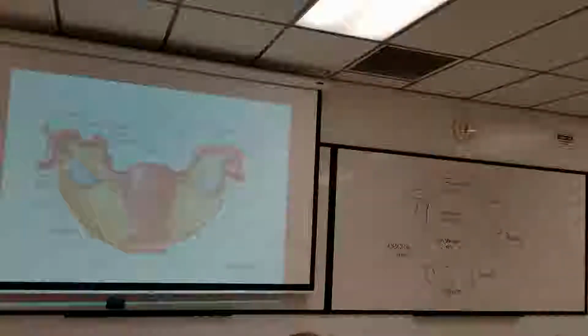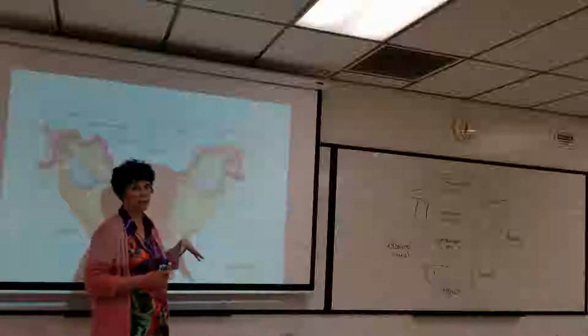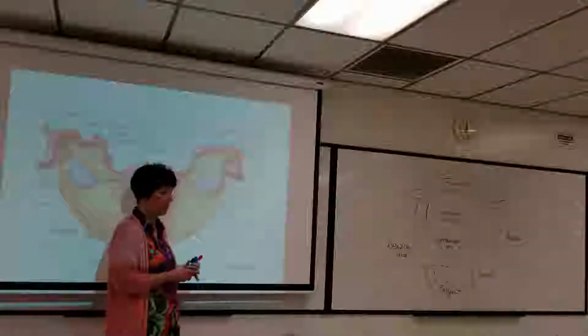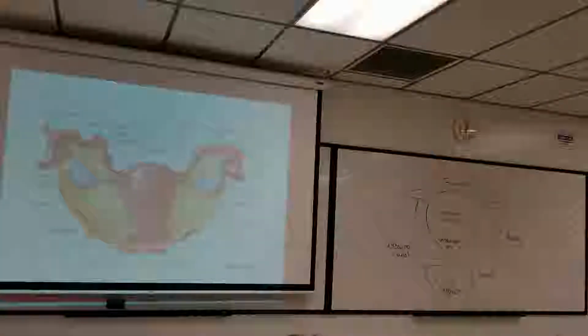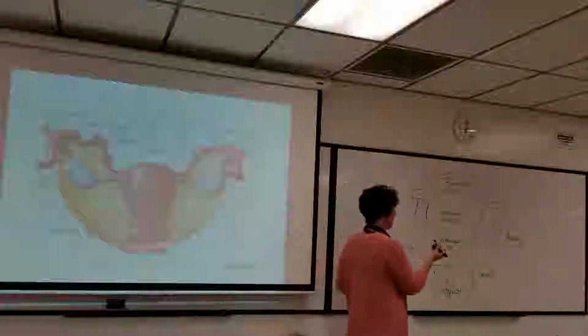So if we look at it cut through here, the next diagram, we're going to look at the peritoneal structures first. Okay? So the uterus is considered to be infraperitoneal. It's found below the peritoneum. But the peritoneum does attach to about 2/3 of it.